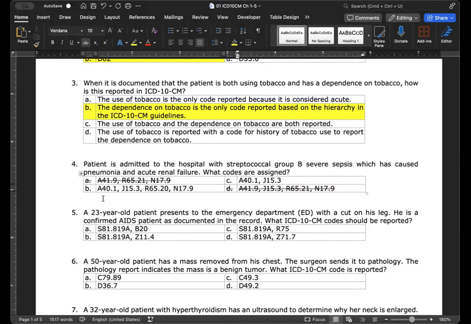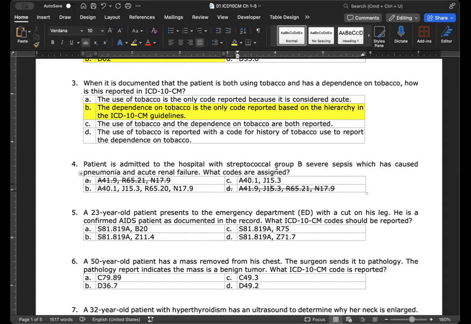So even though we have our sepsis code, the A40.1, that's the sepsis due to the streptococcal group B, should we code the R65.20 for the severe sepsis? I'm going to say no because it's already in our first code.